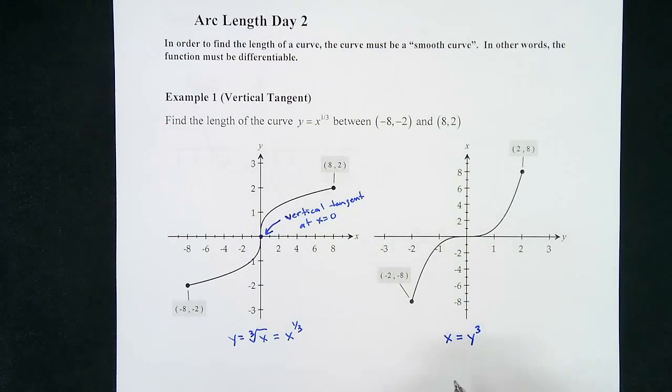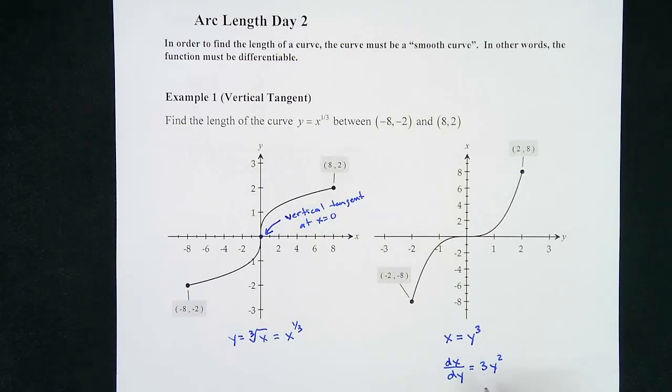And now if we go and find the derivative, the derivative would be dx, the derivative of x with respect to y. And in this case, it'd be 3y squared. Using the chain rule, we take the derivative of y with respect to y, so that'd be dy over dy. Well, that's just 1, right? So dx over dy is equal to 3y squared. All right. So we need that.